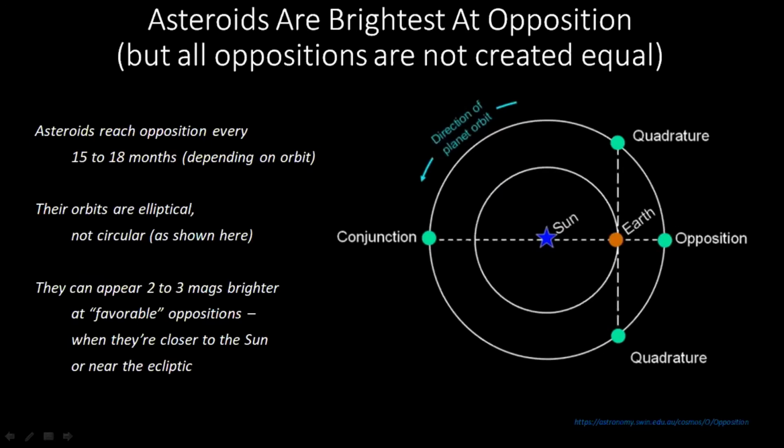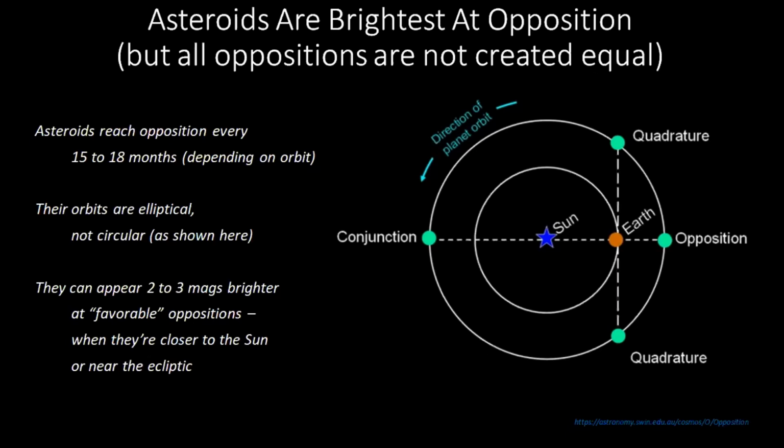It's going to depend on where they are in their orbits around the sun and where they are with respect to Earth in its orbit. And as you can see in the drawing here, the point where asteroids are closest to us is when they are at opposition, which means they're on a straight line from the sun to the Earth to the asteroid.